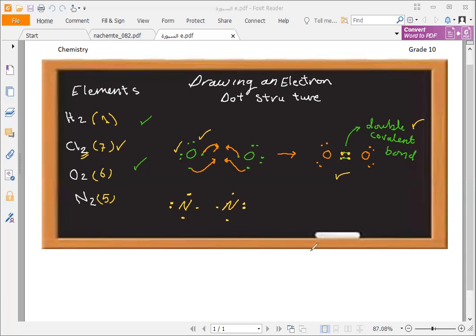Not the 3 pairs. Each atom needs 3 electrons to be octet. Now, each atom offers 3 electrons, right?